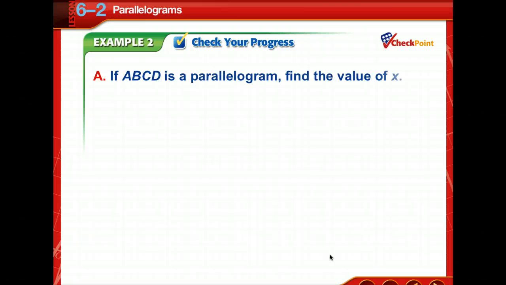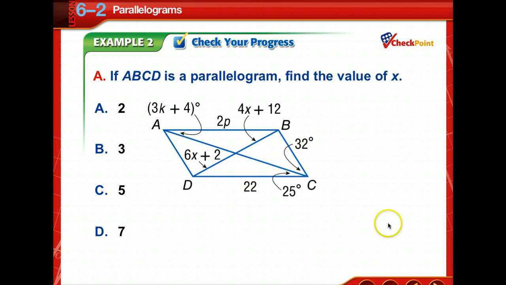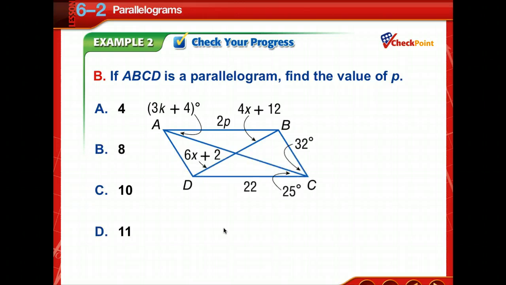Okay, time for you to check your progress. So pause for a moment and come back and check your answer. Okay, did you set this one up? 4x plus 12 is equal to 6x plus 2, and then solve for x. So we'll have 10 is equal to 2x, so x is equal to 5. And another problem.